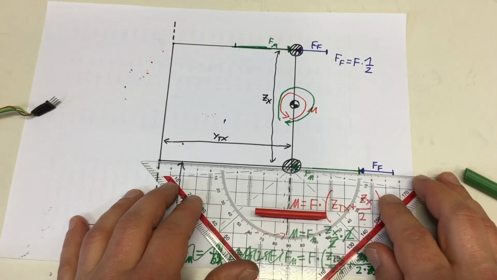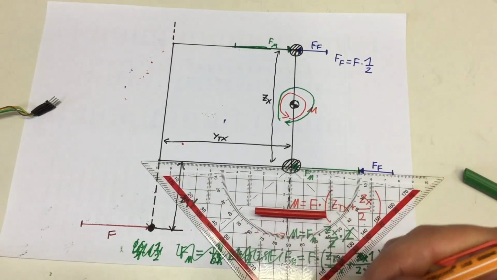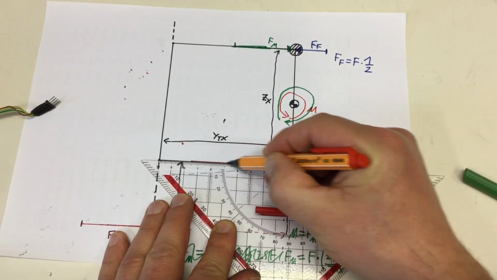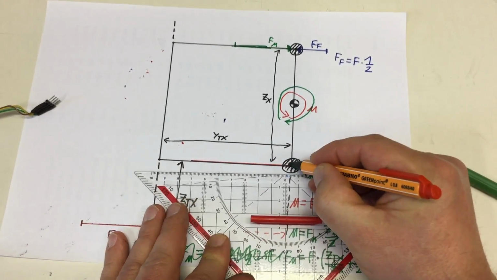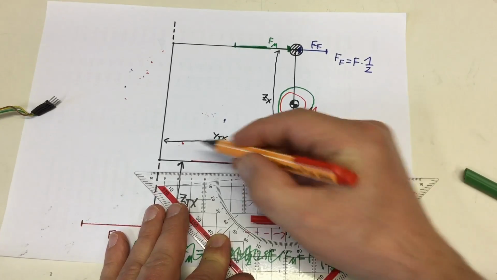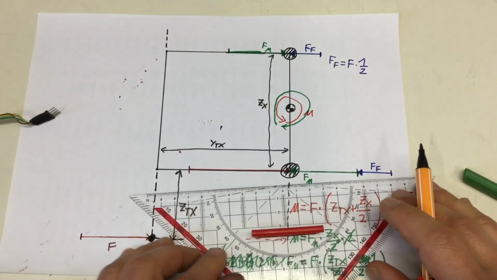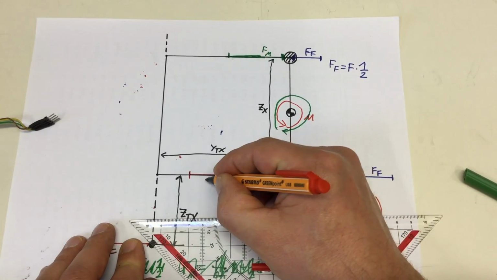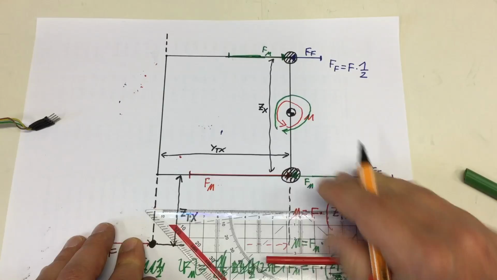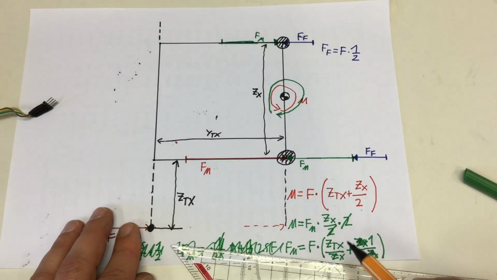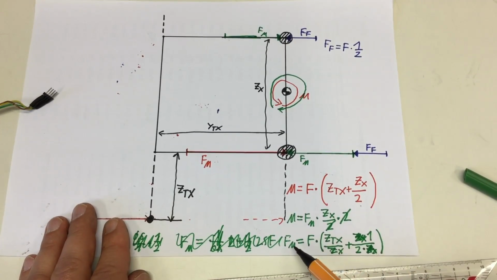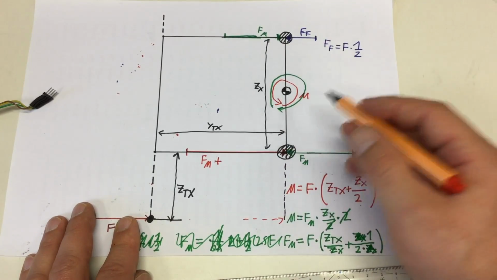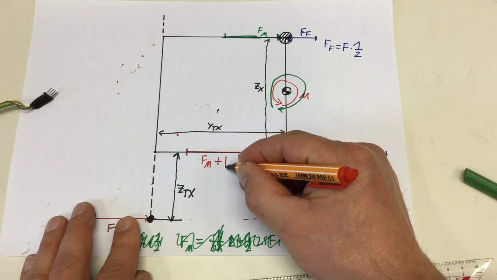So the force is coming with 7.5 centimeters from here. And this is simply the F momentum, which we already calculated, plus our F. Yeah, I know.